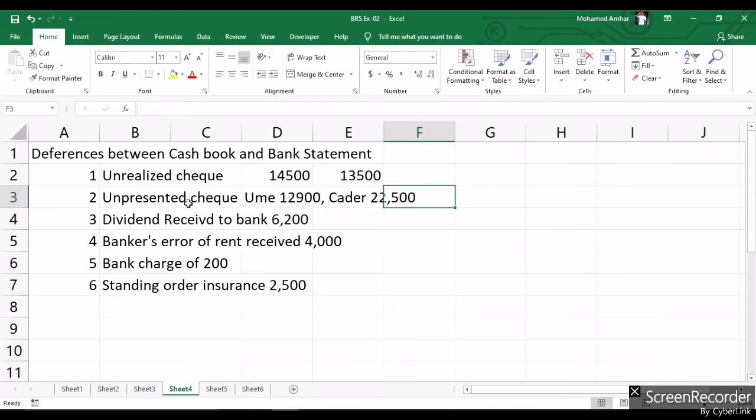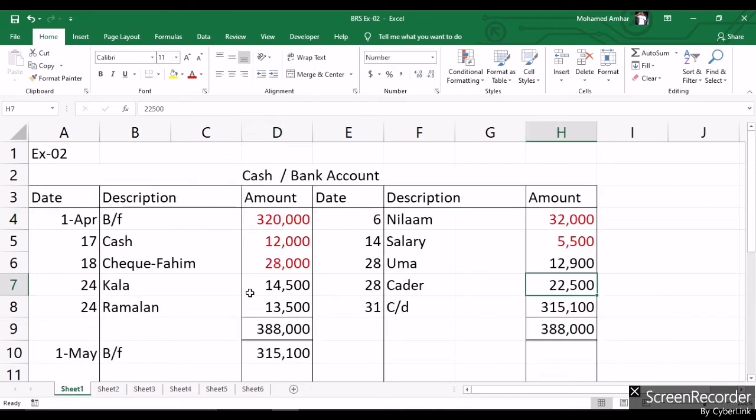Right. Now in these 6 differences we have to understand which differences are the error of the organization. Here we'll see dividend received by the bank. Dividend received by the bank is recorded by the bank. So that is correct. But that dividend received is not recorded by the organization.